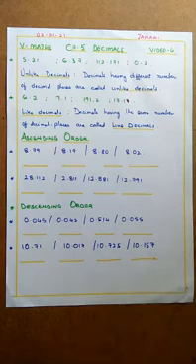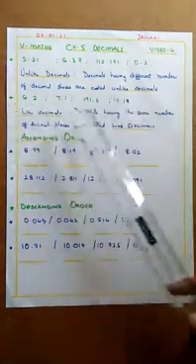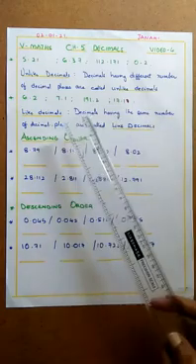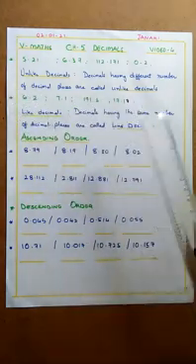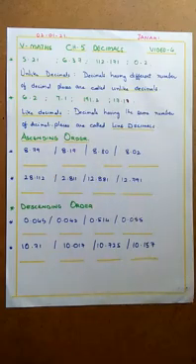Such a group of decimals, where the number of decimal places in the given group is the same, are called like decimals. Now, where are we going to use them? We are going to use them in framing the ascending order and descending order, and also in writing like decimals.